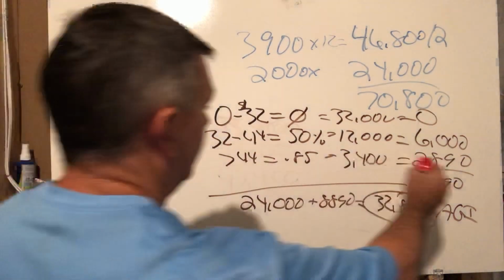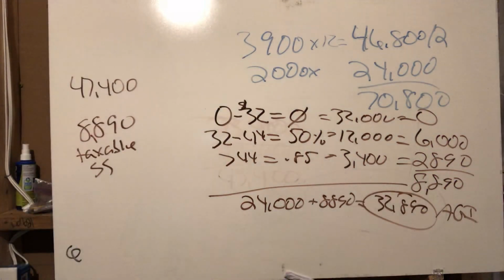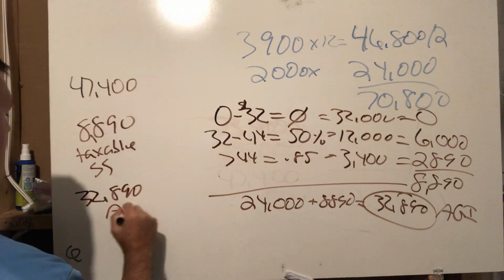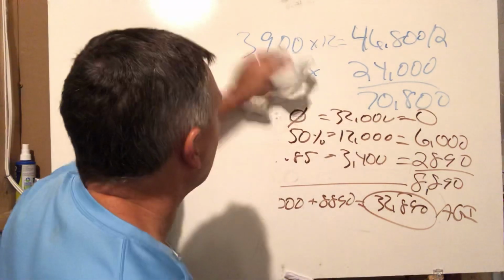So now we can erase all this, and we got 32,890 of total AGI. 32,890 is your AGI. Remember, AGI is your adjusted gross income. That's before your standard deductions. All right.